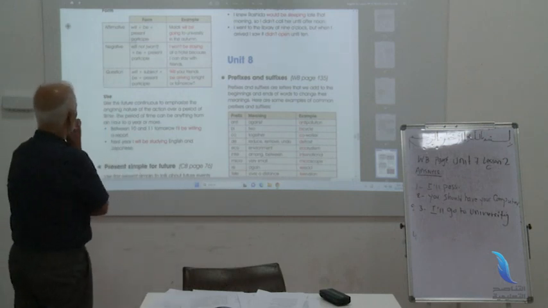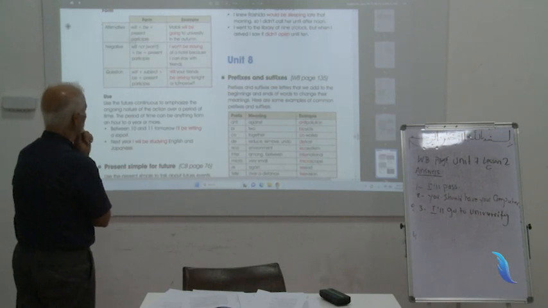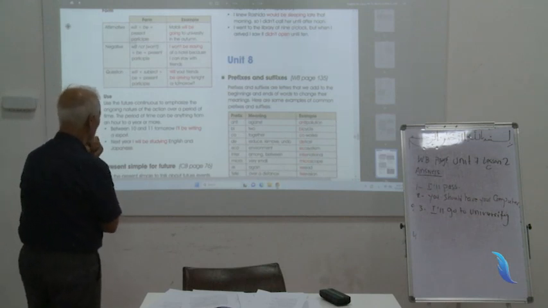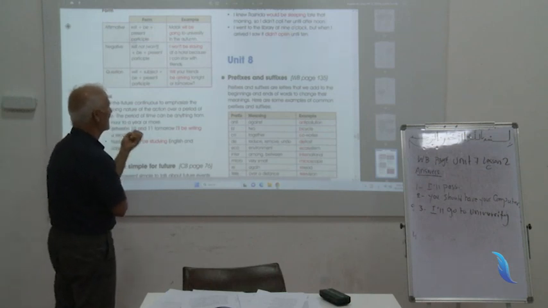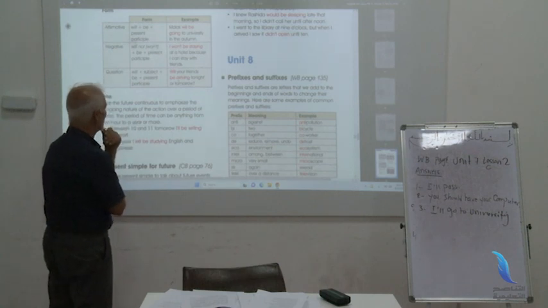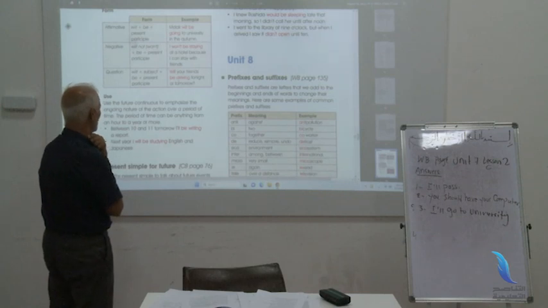tense, the future continuous. Use the future continuous to emphasize the ongoing nature of the action, how the action is going over a period of time. The period of time can be anything from an hour to a year or more.